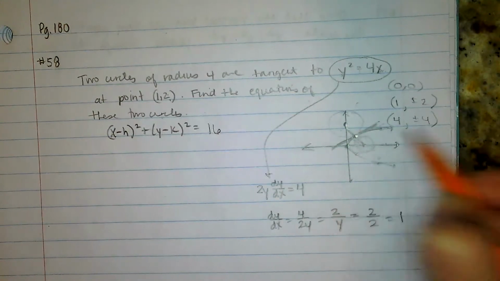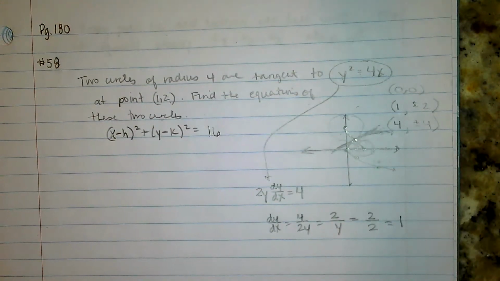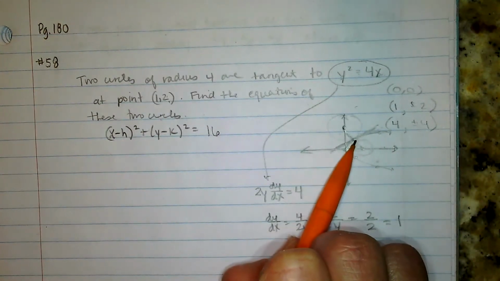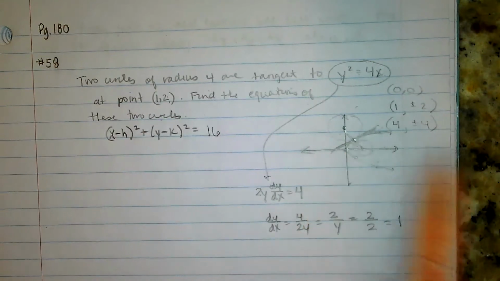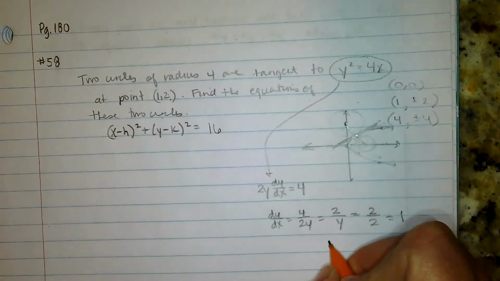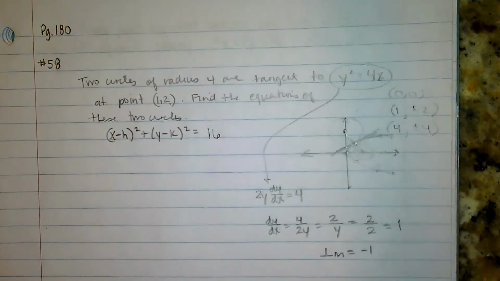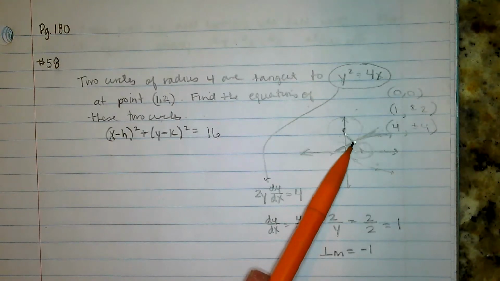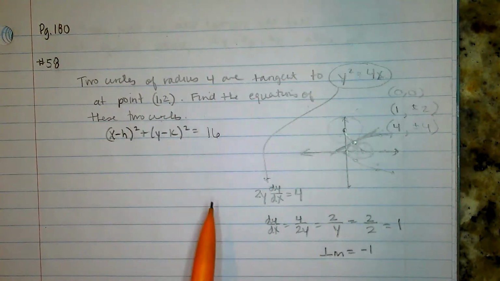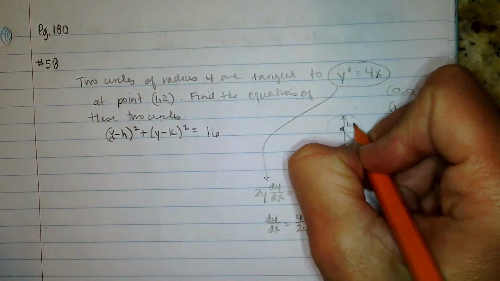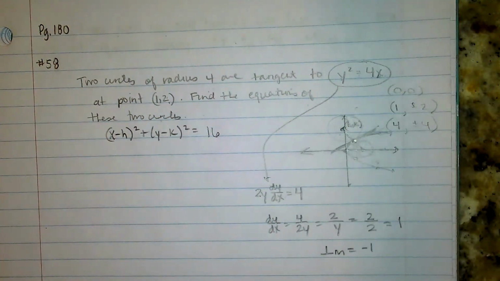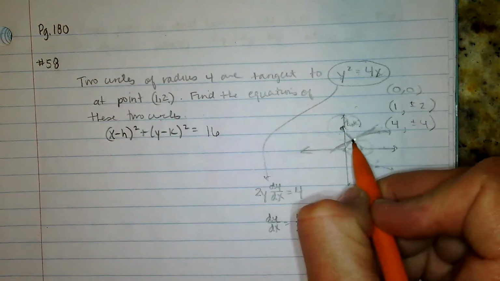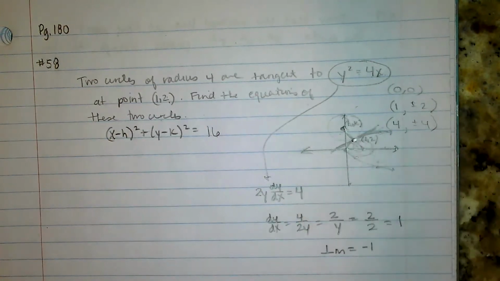And by the way, so does that one. So we know that the slope from the center to the point 1, 2 has to be negative 1. The perpendicular slope has to equal negative 1. And we also know that that distance has to be 4. We're going to call this point (h, k). We don't know where it is, but we'll call it (h, k). We know that the distance formula between (h, k) and (1, 2) has to equal 4.